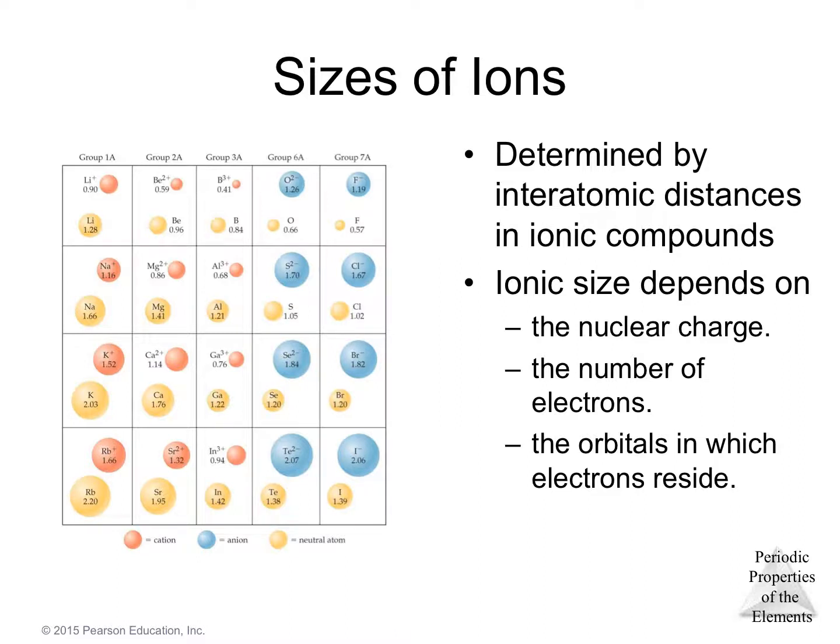The data we just looked at was for neutral atoms. Now we want to look at the size of ions. So what happens to size when atoms take a charge? This is measured by looking at the distance between atoms that are located in ionic compounds. What we want to be able to do is compare the size of an atom without a charge to the size of the ion that has a charge.